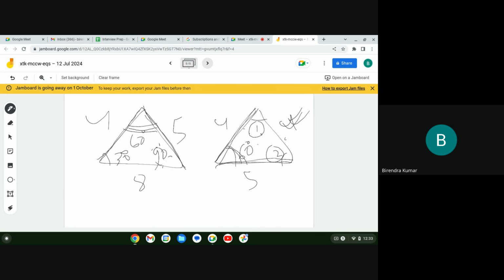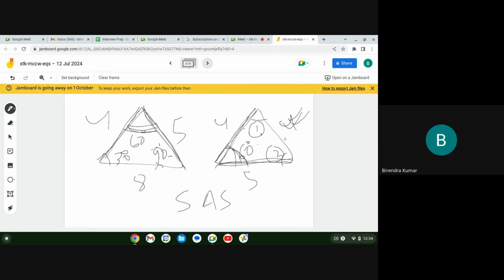So this is a case where you have two sides and the angle between them matching. That means these two triangles are congruent by this theorem. Since these two are congruent, the other sides and angles will also match.